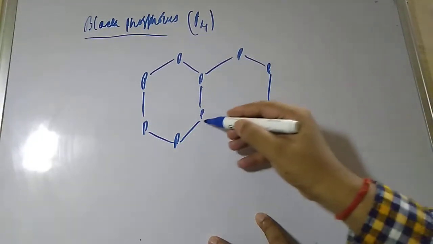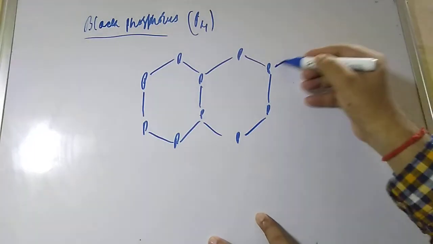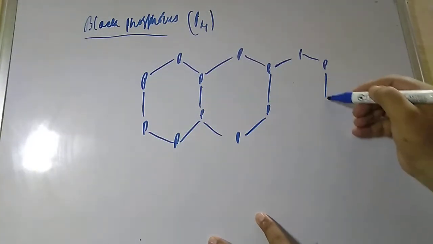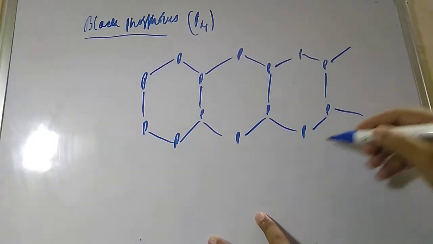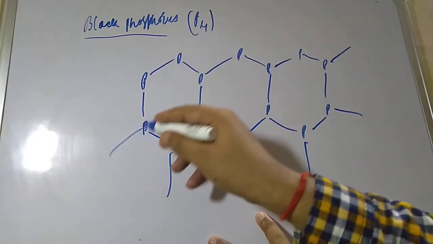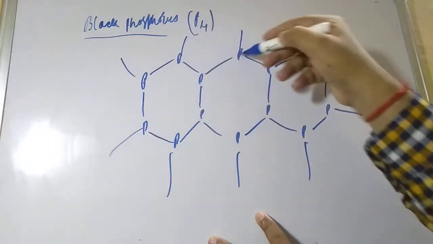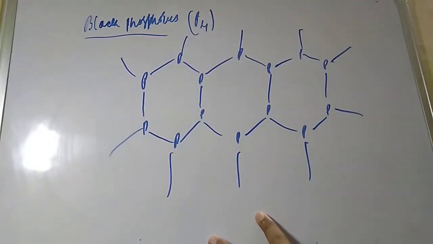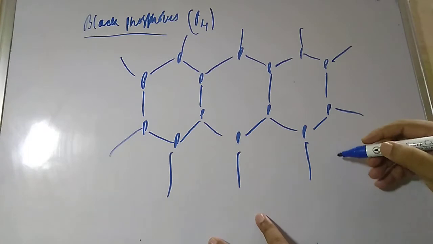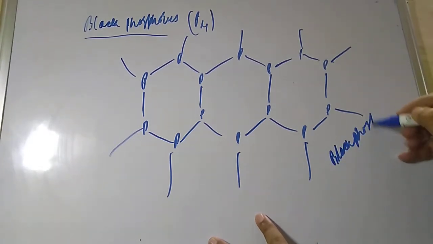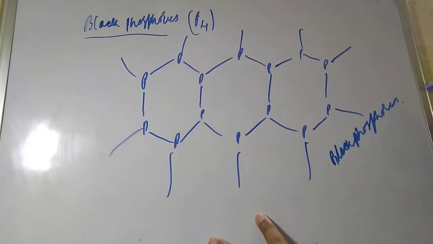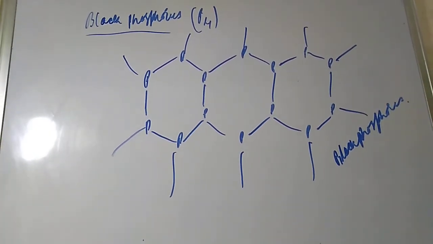A very huge giant molecule will form like this. If you see, all the sides will grow and it will form a huge molecule. This is known as black phosphorus, and it is the least reactive compared to the red and white phosphorus.